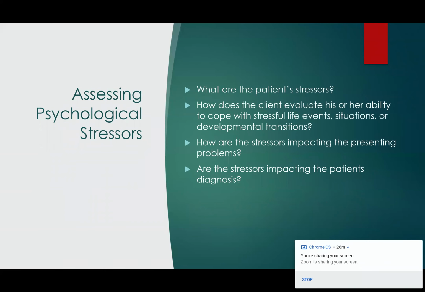So in assessing stressors, we want to ask them about their problems and how these problems affect them. We also want to know how the client has been able to cope with stressful life events, situations, or developmental transitions in the past. So I know that some people come into the program and they say they have no coping skills whatsoever, yet they've been coping with severe symptoms, let's just say, of anxiety or hypervigilance for prolonged periods of time.